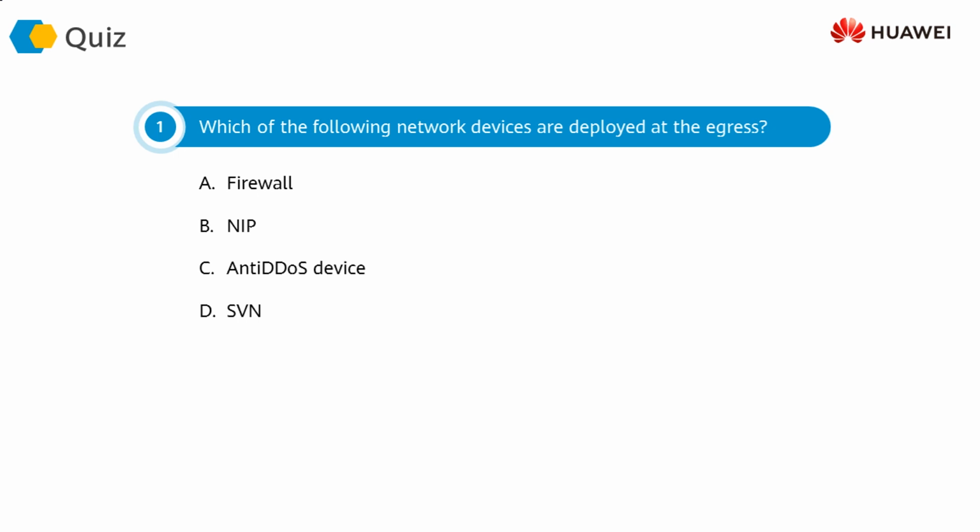What about B and C? What about NIP, Network Intrusion Prevention, and anti-DDoS device? You see, intrusion prevention can also be implemented at the gateway. You could also implement intrusion prevention at the gateway for traffic that is coming into your network or the traffic that is going out of your network.